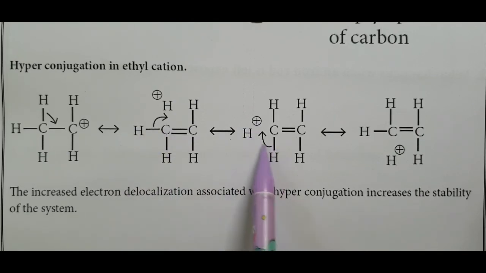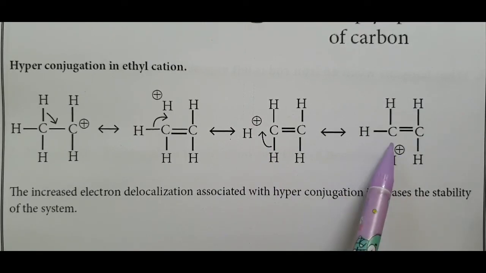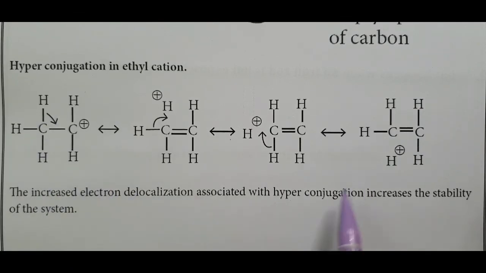One more bond shifting takes place, and again the positive charge is on this hydrogen atom with no bond. This is called hyperconjugation. The increased electron delocalization associated with hyperconjugation increases the stability of the system.